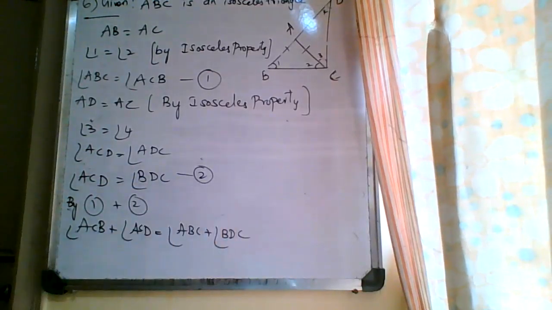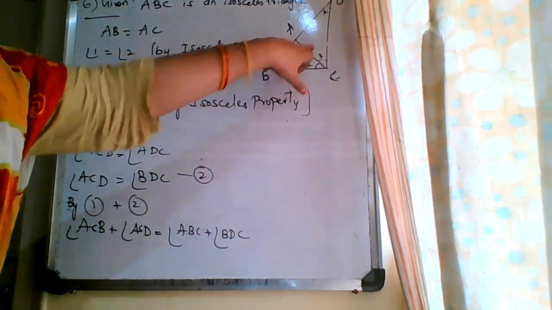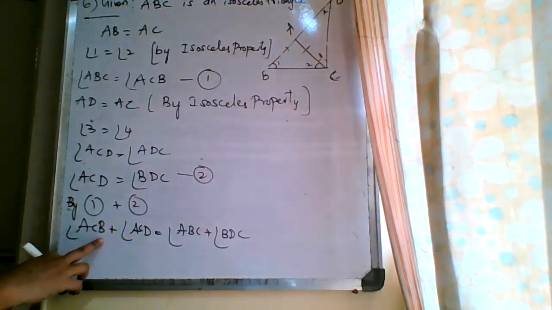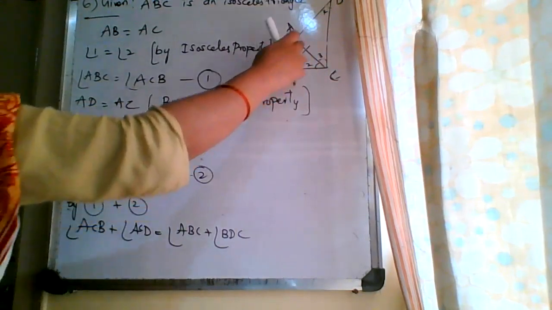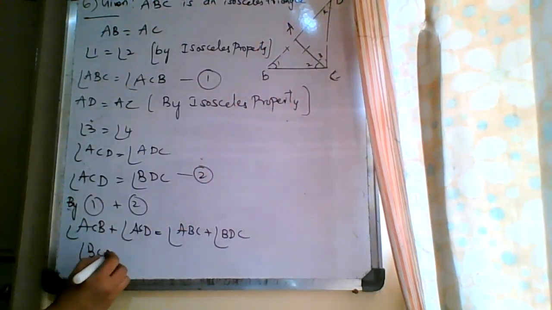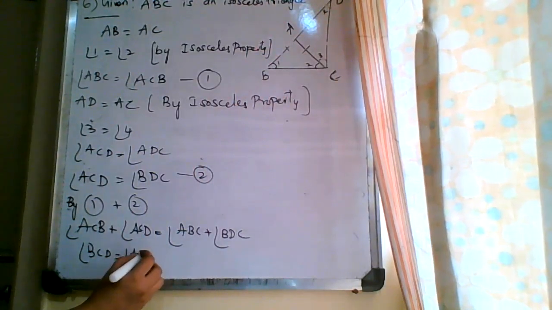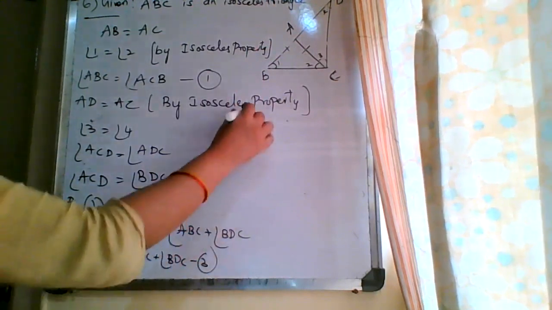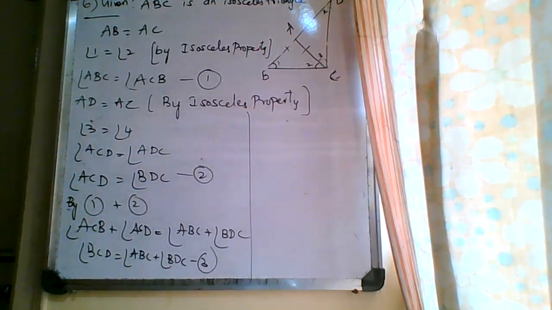Now observe this. Angle 2 plus 3 is nothing but BCD. So instead of writing ACB plus ACD, can I write BCD? Angle BCD is equal to ABC plus BDC. This is equation 3.